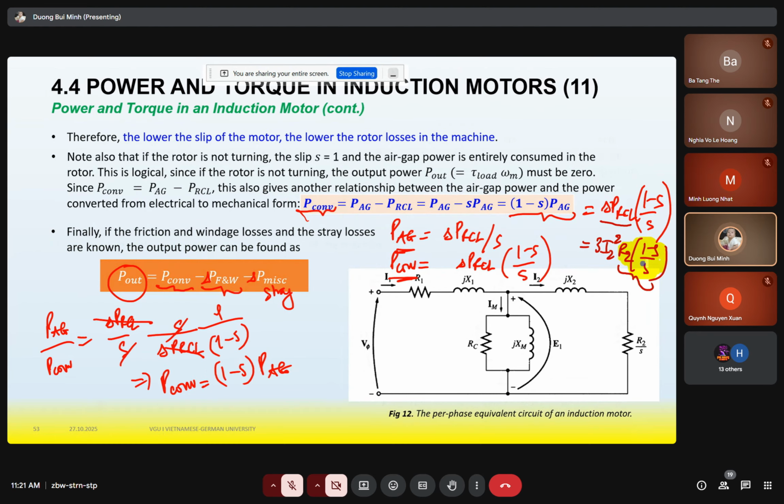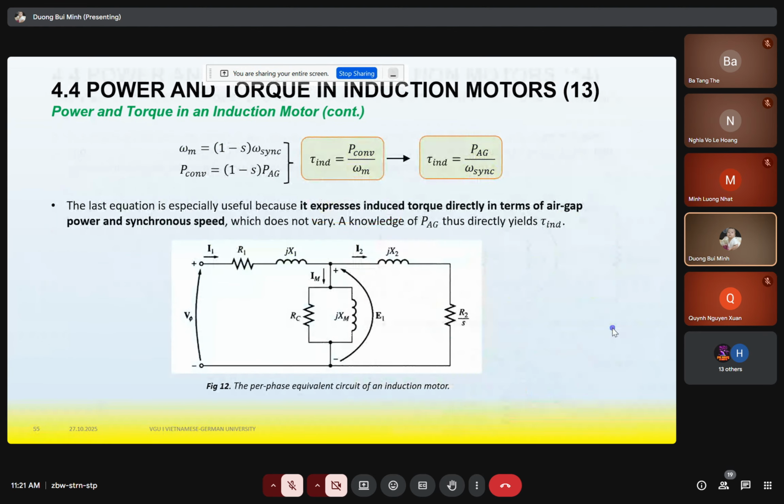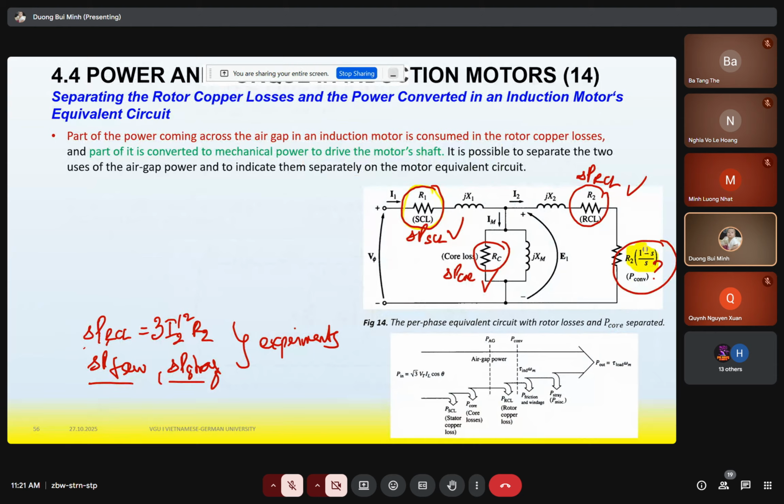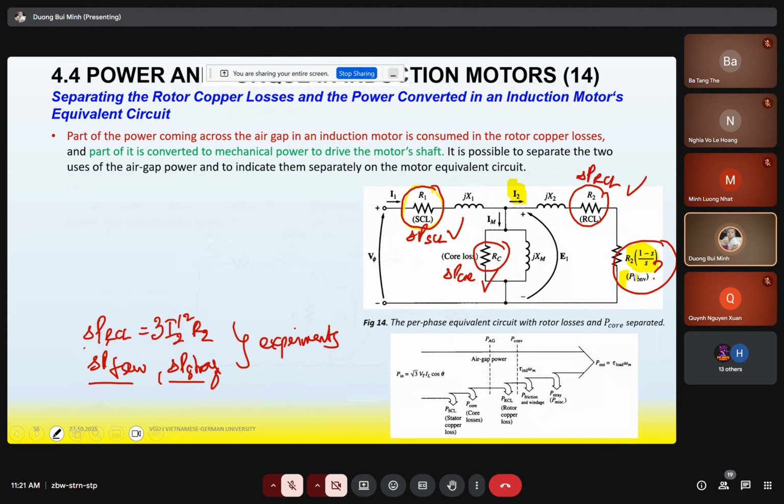Okay, these components. Yeah, and we have I2. So when we consider R2 (1 minus S) over S, this one is related to converted power here.